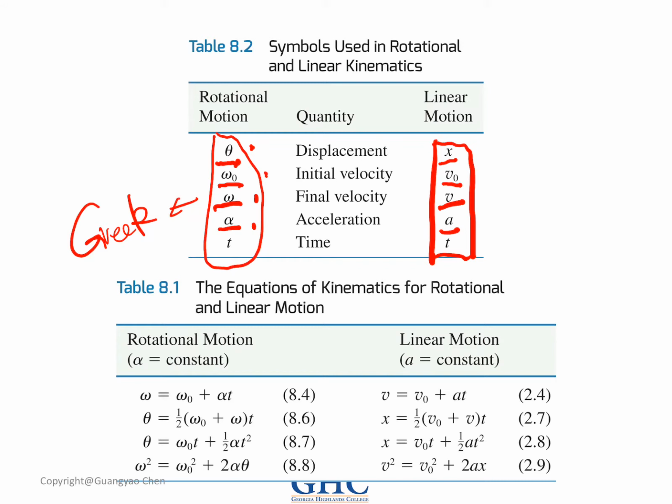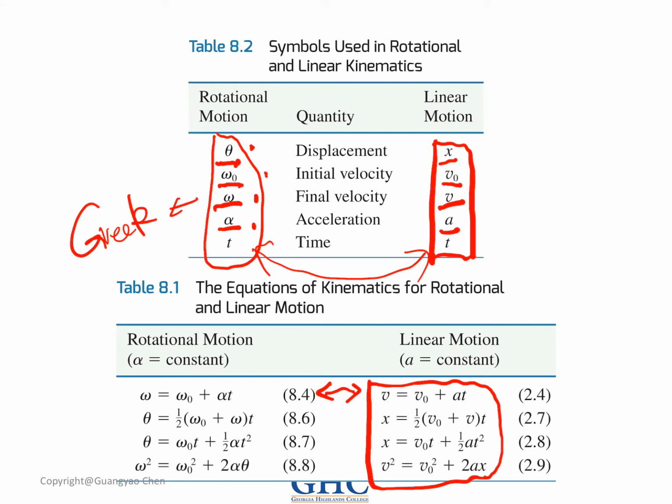Now we learned four or maybe five kinematic equations for constant acceleration in linear motion. All of you should be expert on this right now. Because there is a one-to-one mapping between linear motion kinematic variables and rotational motion variables, there is also a one-to-one mapping between the kinematic equations.